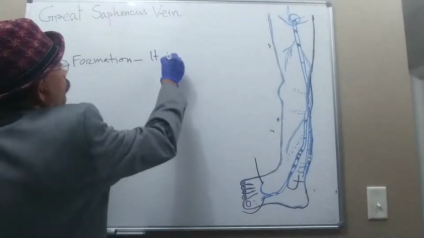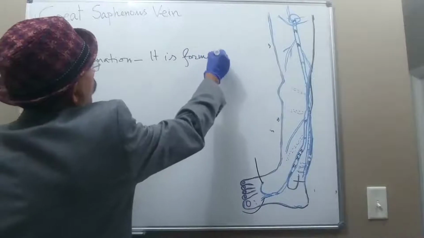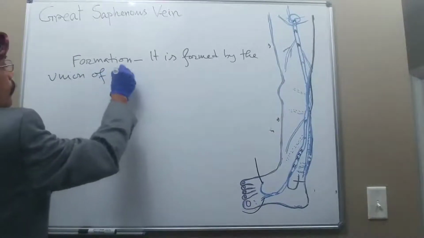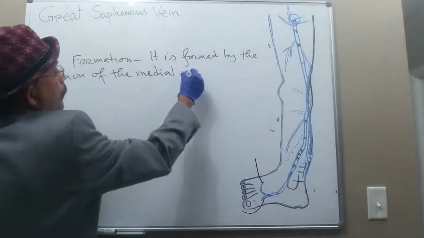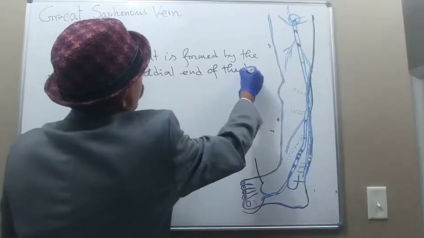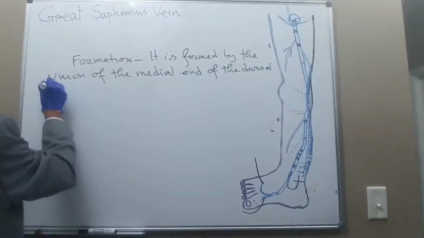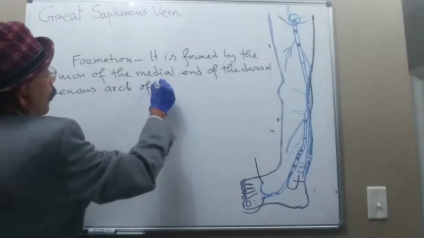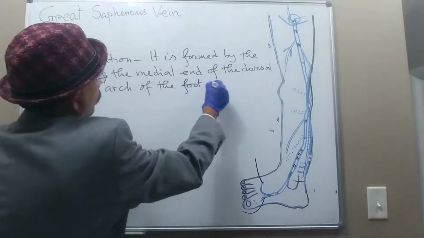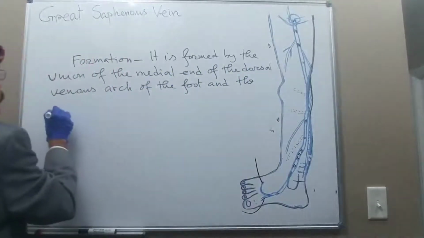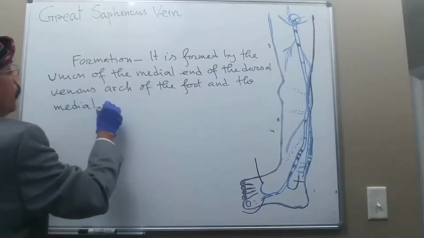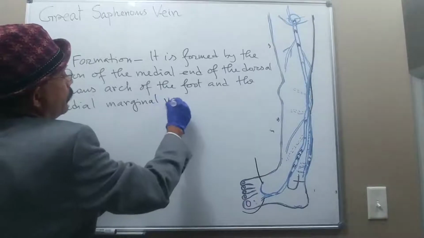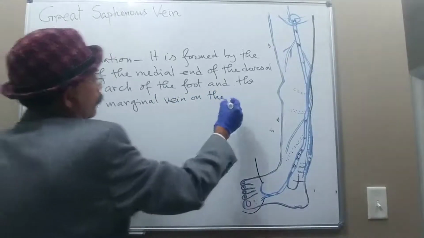It is formed by the union of the medial end of the dorsal venous arch of the foot and the medial marginal vein on the dorsum of the foot.